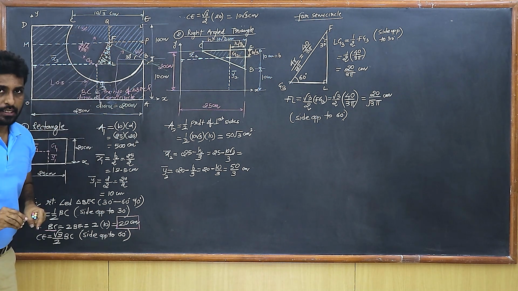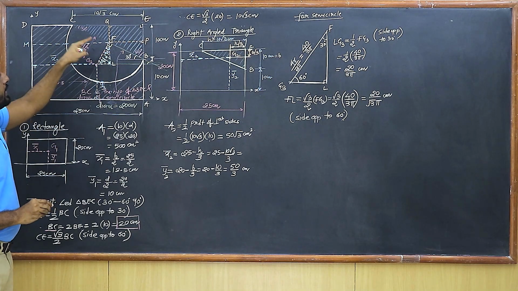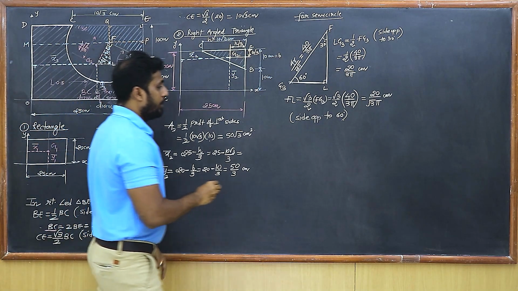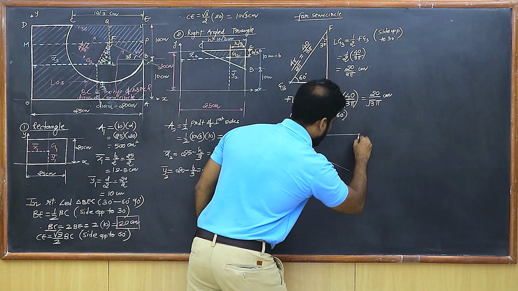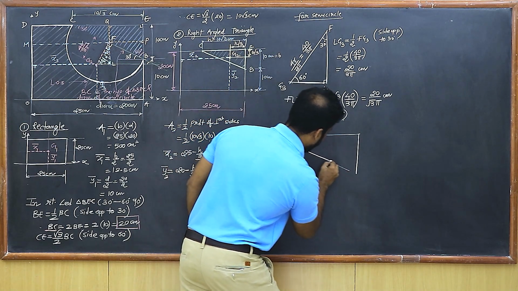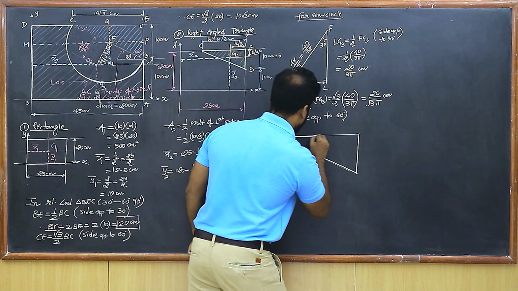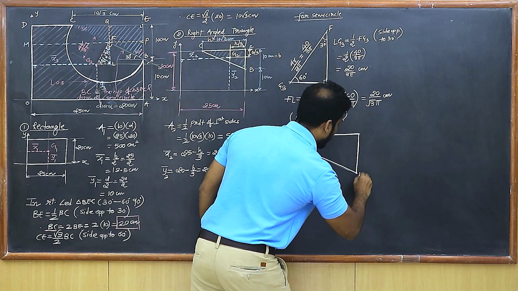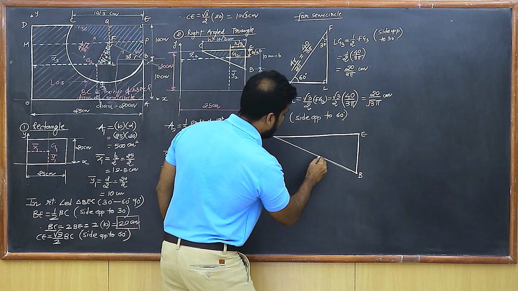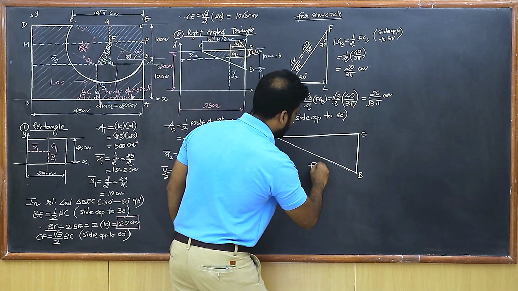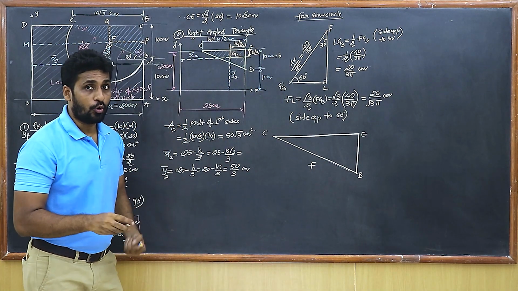F is the midpoint, isn't it? So if I draw this triangle over here, this is the triangle that we have. The names are B, E, C, and then you have this F, the midpoint of BC.